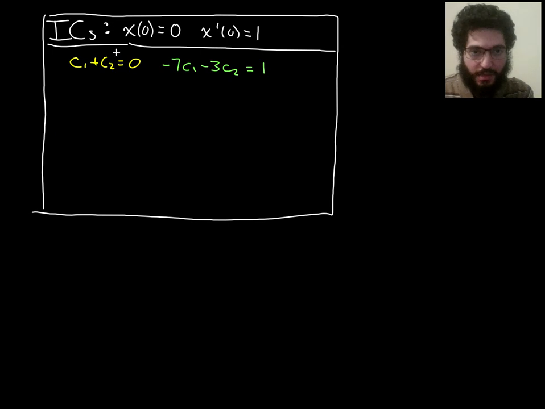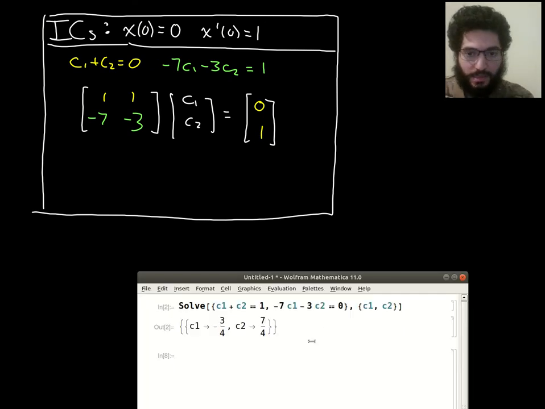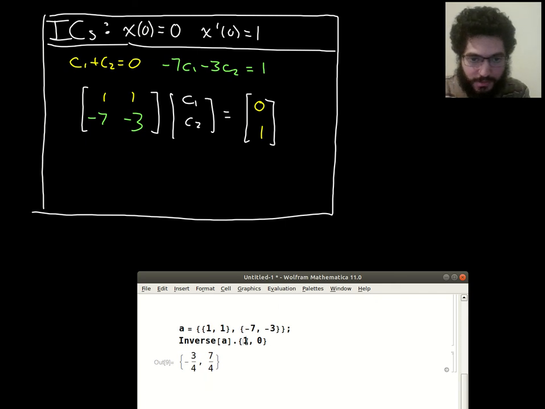Plugging everything in, I got these two equations, which as a matrix looks like this, and I'm just trying to get a different output vector now. I'm trying to get the vector 0, 1 to come out rather than 1, 0. So why don't I just put 0, 1 instead of 1, 0? Because it's the same matrix, basically. And I get negative 1/4, 1/4.